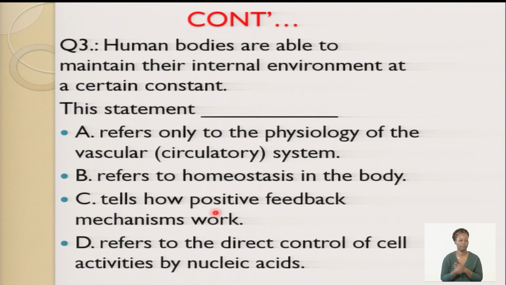Number 3 is asking: human bodies are able to maintain their internal environment at a certain constant. This statement refers to... A, the physiology of the vascular circulatory system; B, homeostasis in the body; C, how the positive feedback mechanism works; D, the direct control of cell activity.